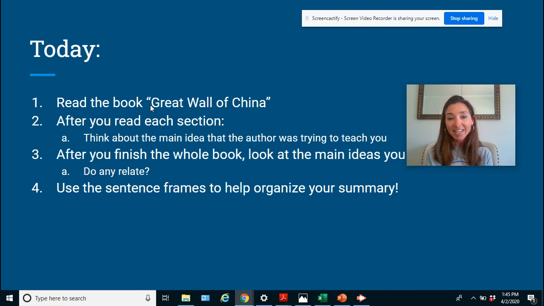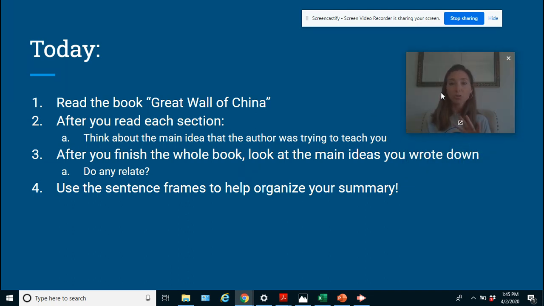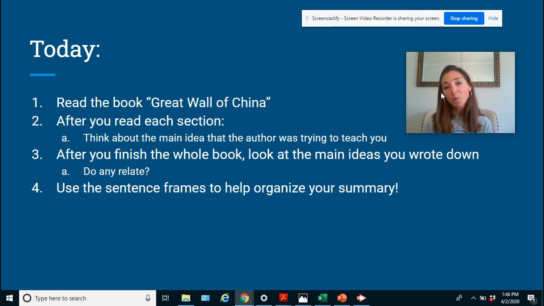It's located in the topic Asia Summary, as well as in Google Classroom. After you read each section of the book, think about the main idea and what the author is trying to teach you. After you finish the whole book, look at the main ideas and think to yourself, do they relate to one another? And then you're going to use sentence frames to help you organize your summary.